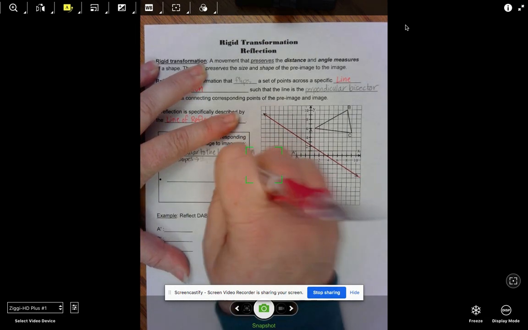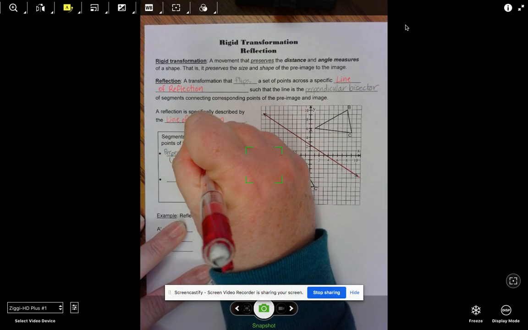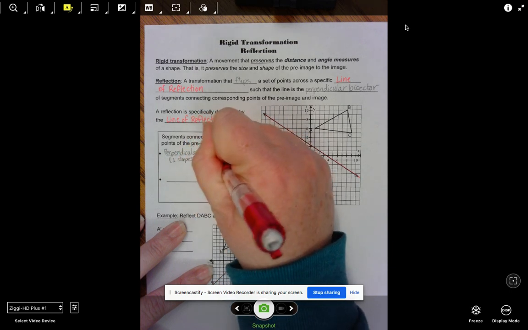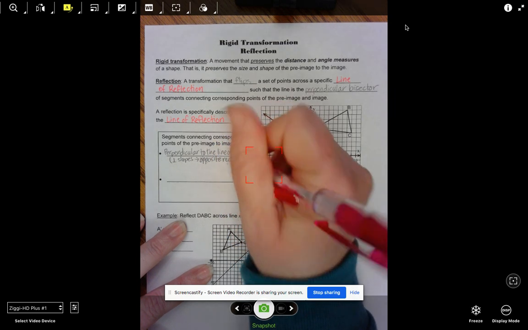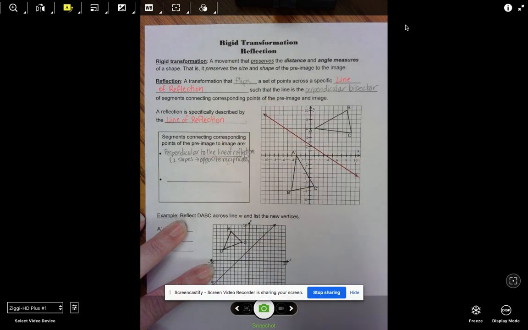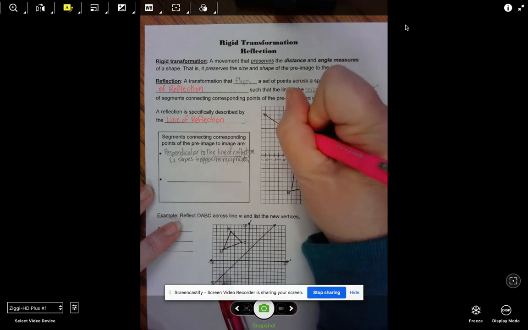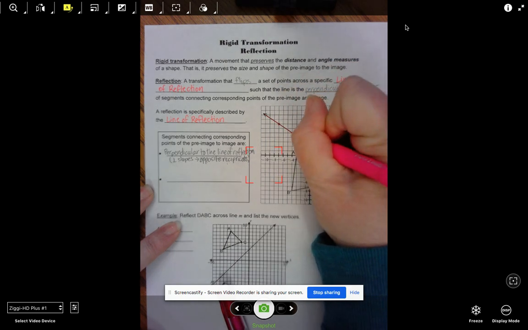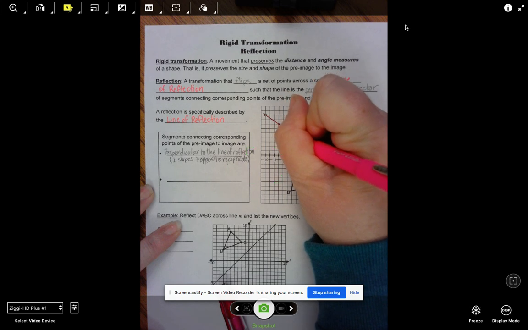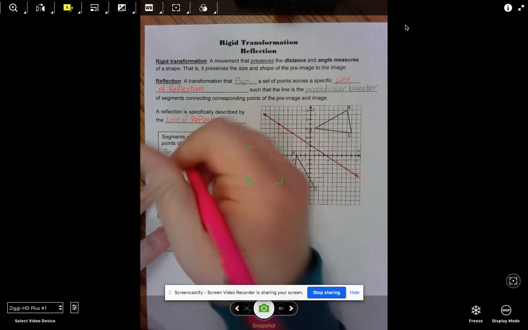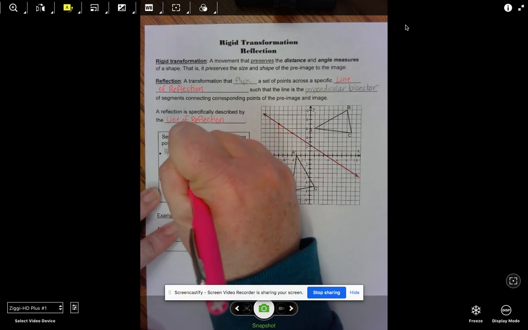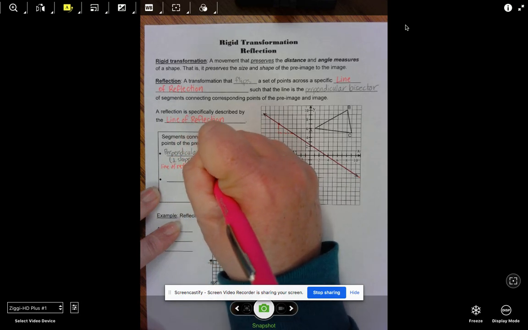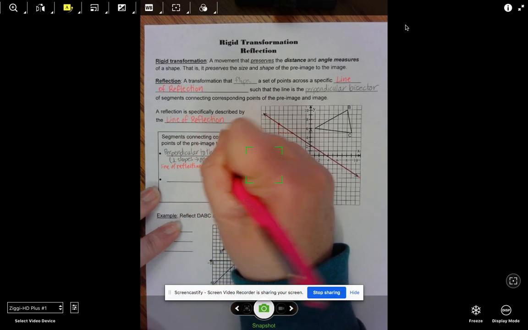Okay, so for example, if we look at our line of reflection here and find some nice points, like this one and this one, we see its slope is negative 2/3. So line of reflection, slope is down 2/3.